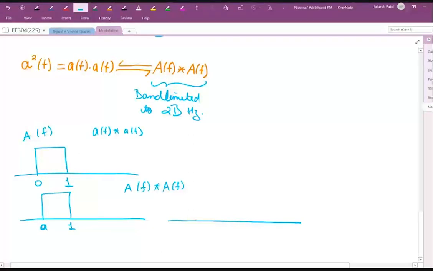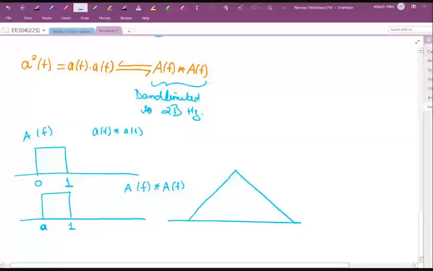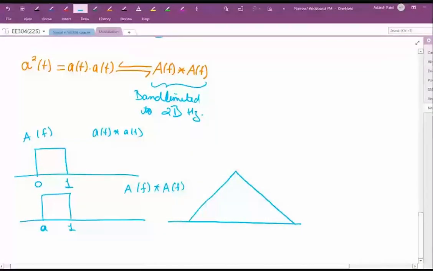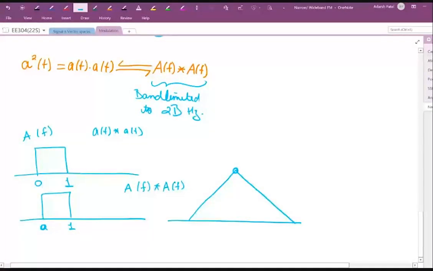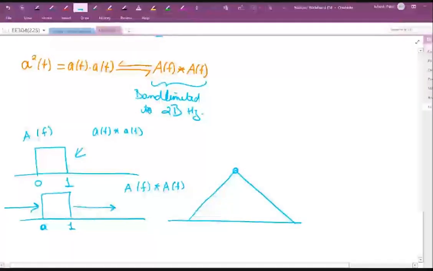Yeah, so what we will get is like this. So this will be maximum when, so if I see A(f) convolved with A(f), what will happen? We will fix one of the plots and then we will shift the other from left to right, and then do the integral over it. So if you keep on shifting, when it is exactly overlapping, it will have maximum area.